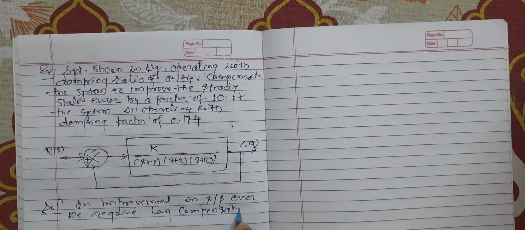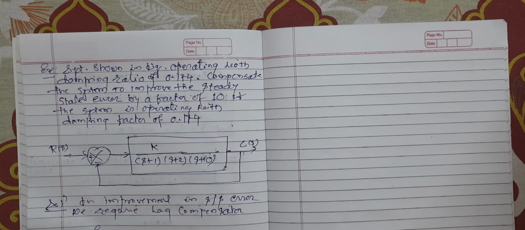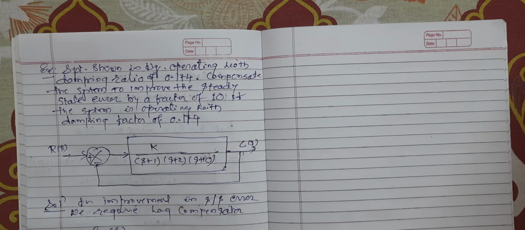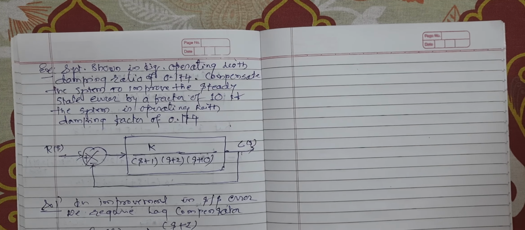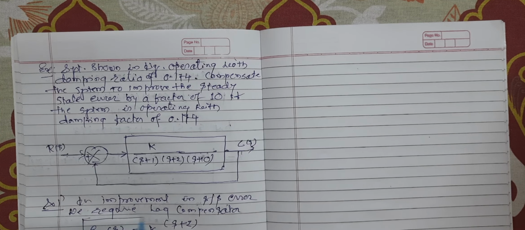Lag compensator Gc of s is equal to K multiplied by s plus z over s plus p. So this is our equation for the compensator.